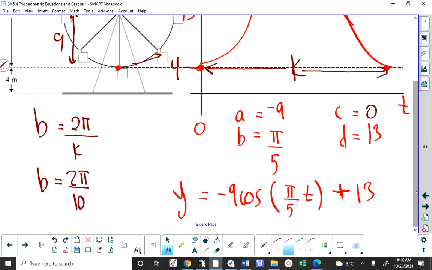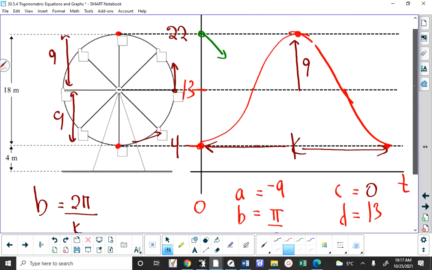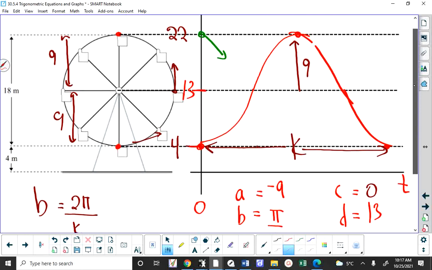If you went with sine, then sine starts here going up. A would still be 9. You wouldn't change it to negative. D would still be 13.